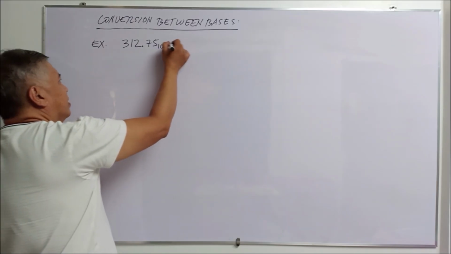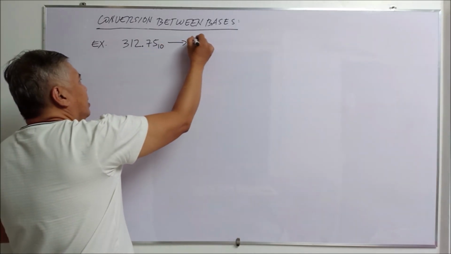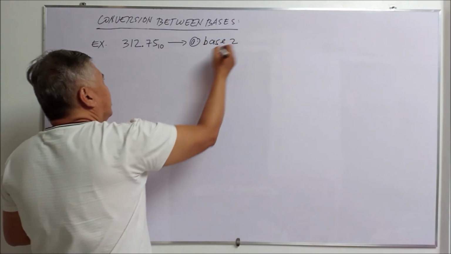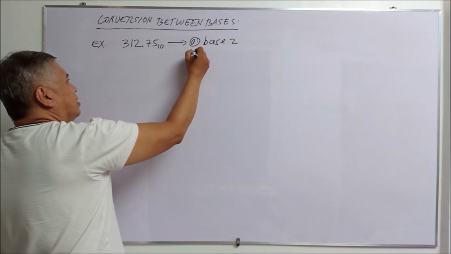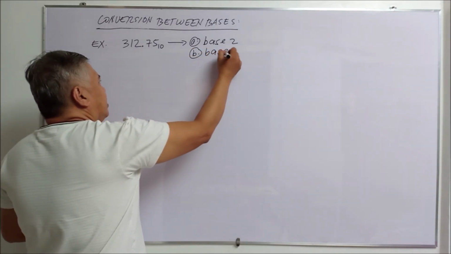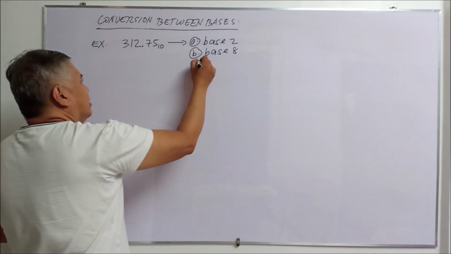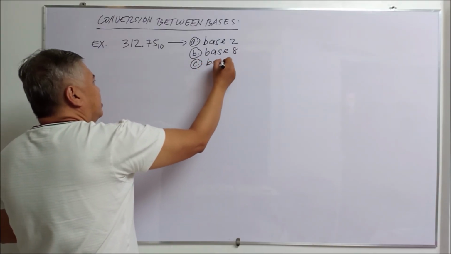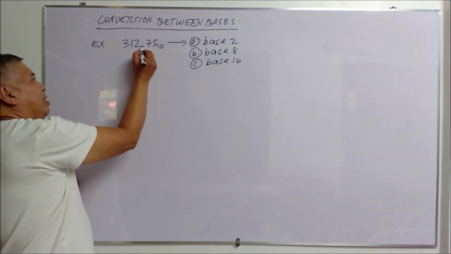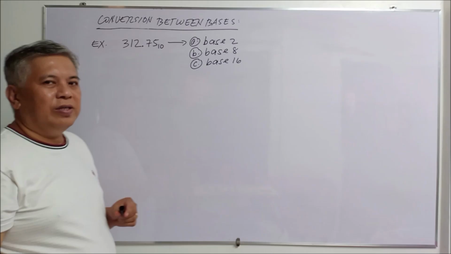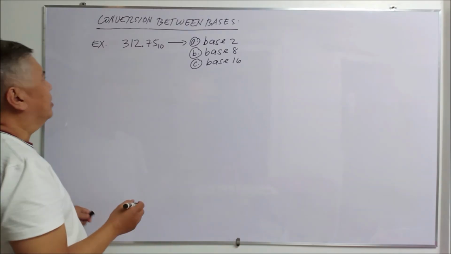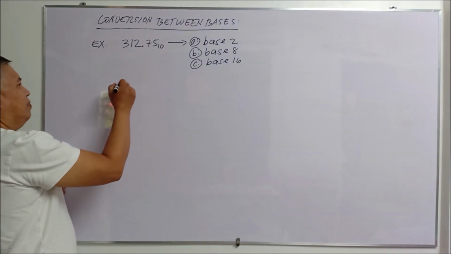We want this converted into letter A, base 2 again, which is our reference number system. Letter B, base 8. And letter C, base 16. Okay? So take note of this. We have a decimal point present in our given number. Okay? So, solution for letter A.